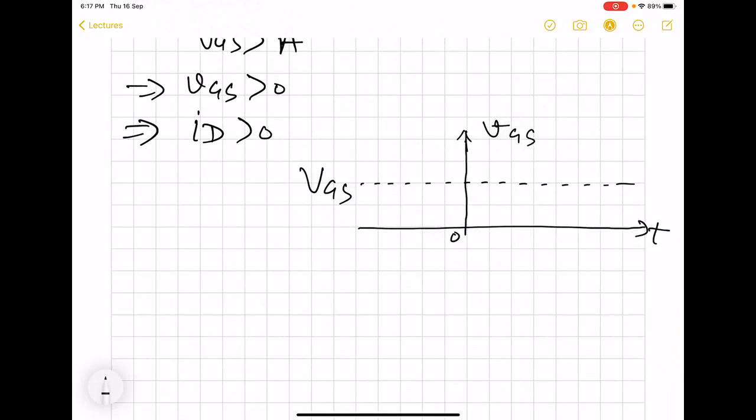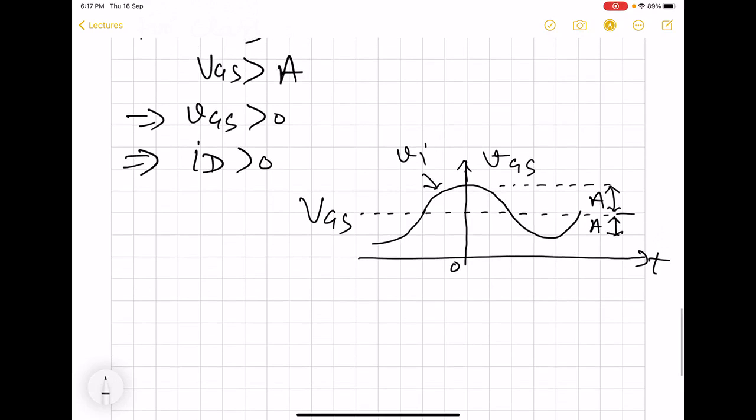So what we will be having is something like this. Here, this is Vi, and the amplitude is A. This is also A. And here you can see that VGS is greater than A. A is smaller than VGS. This much is VGS.